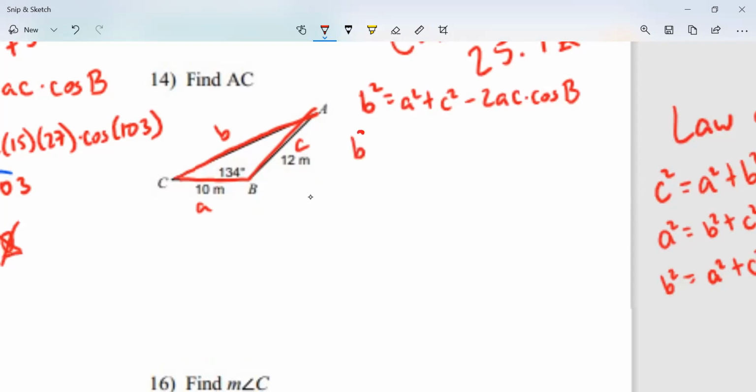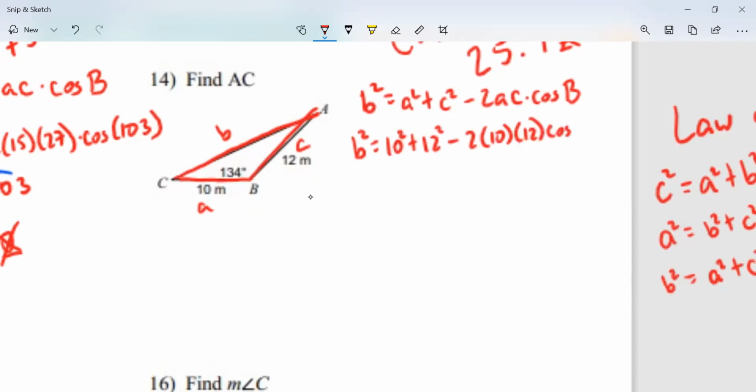So B squared is equal to 10 squared plus 12 squared minus 2 times 10 times 12 times cosine of 134.